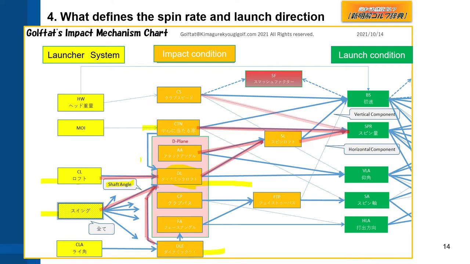Please note that the centeredness and the dynamic lie is included in dynamic loft because Trackman measures the dynamic loft at the maximum compression of the ball and at the center of the ball during the impact. Therefore, we can think that only attack angle and dynamic loft decide the spin loft.